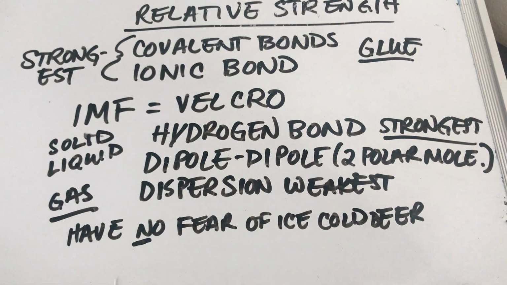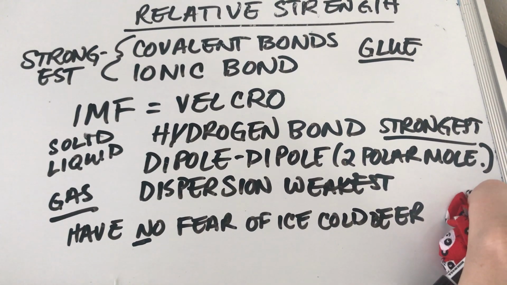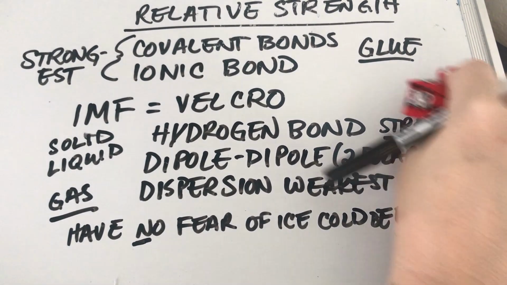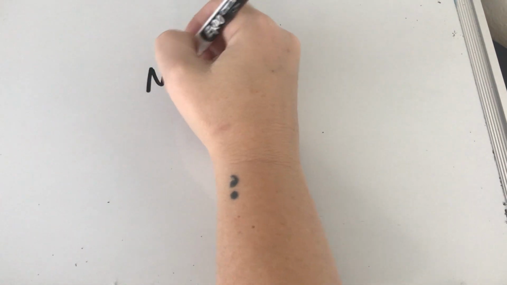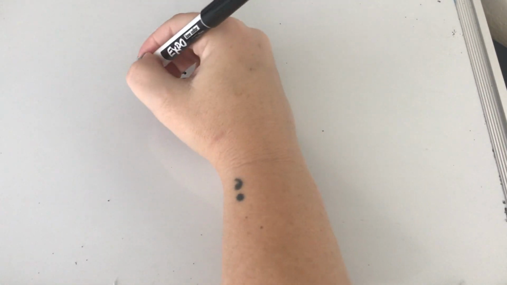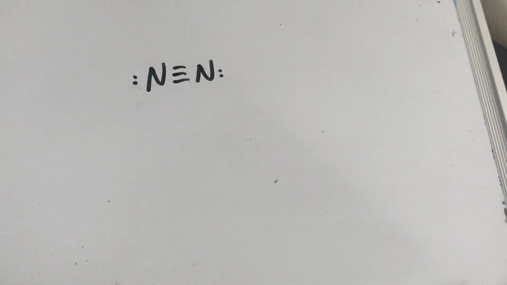So, may I erase what's here? Yeah. Cool. Okay, this is nitrogen. Polar or non-polar molecule? Non-polar. Why?